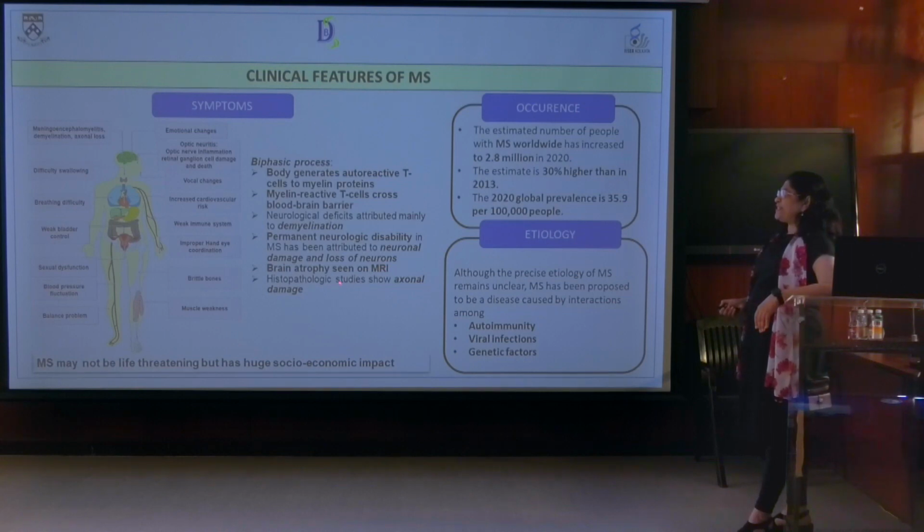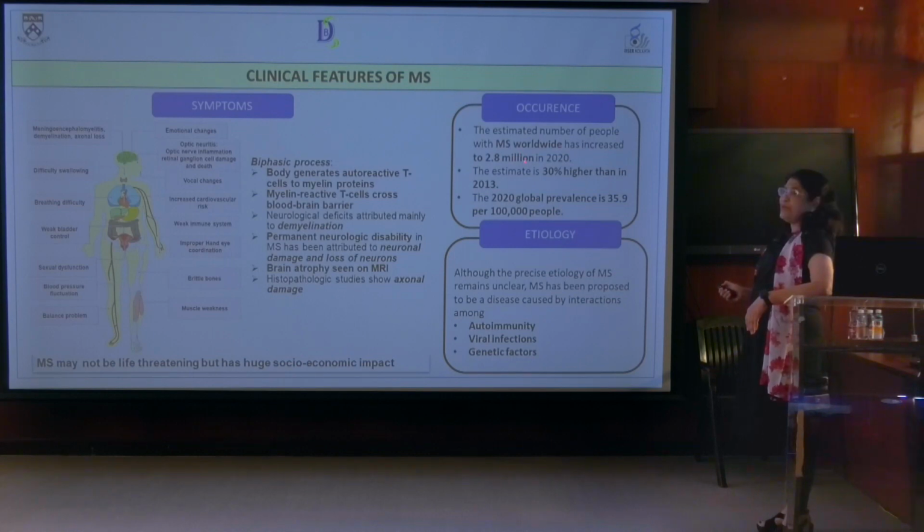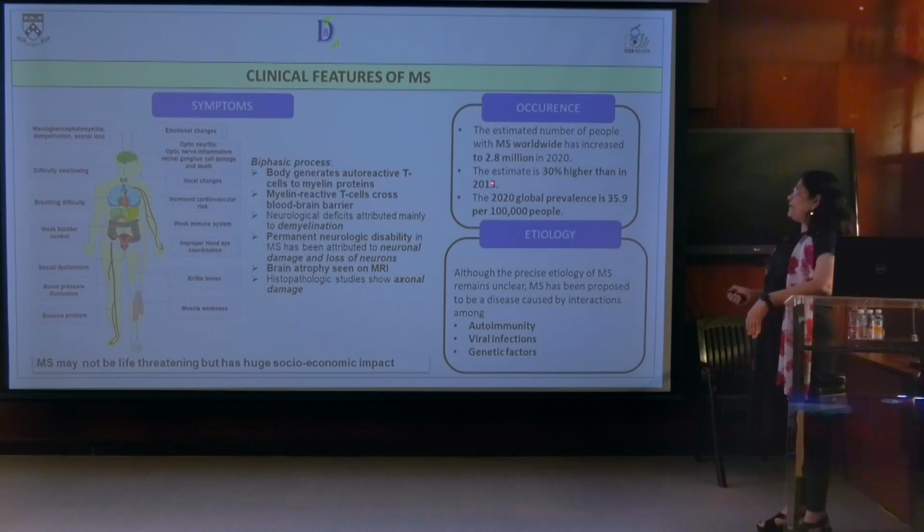Histopathological changes, as I said, meningoencephalomyelitis and optic neuritis, including axonal damage, are prominent disease processes. The estimated number of people with MS worldwide has increased to 2.8 million in 2020, but in 2013 it was much less.